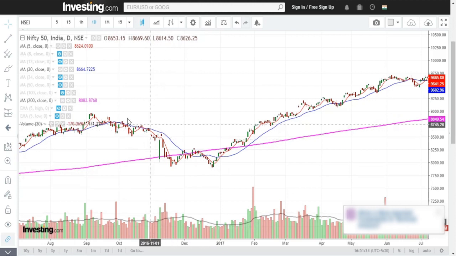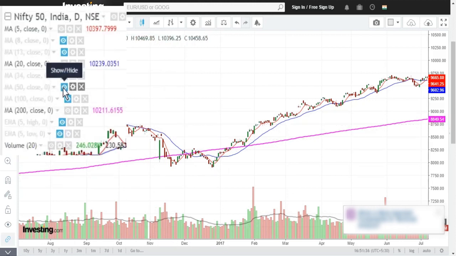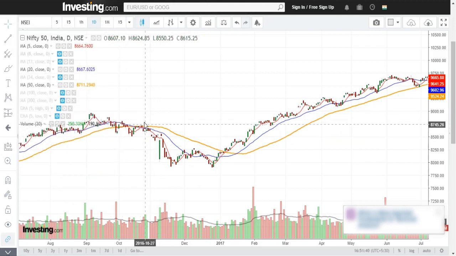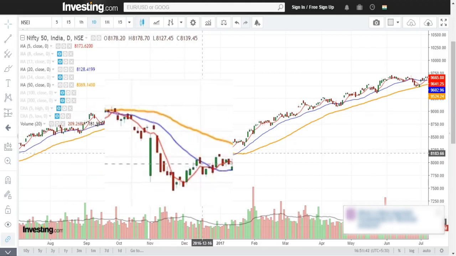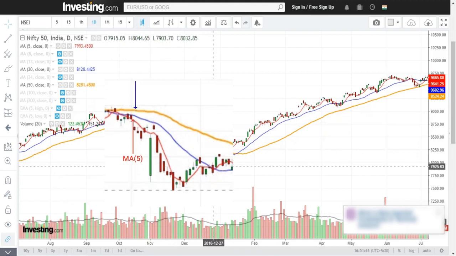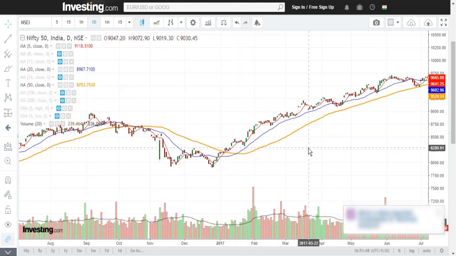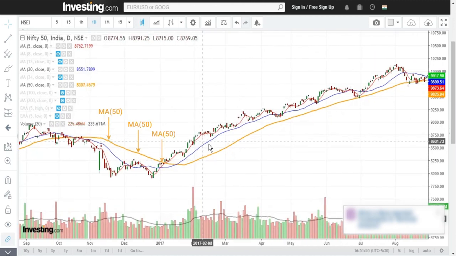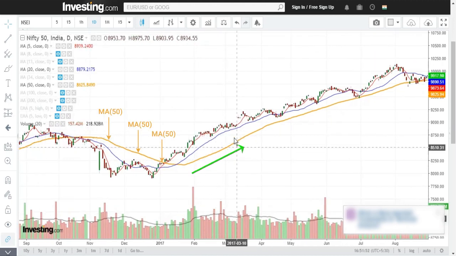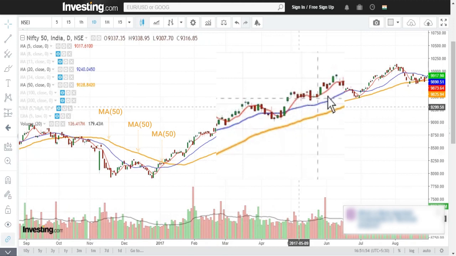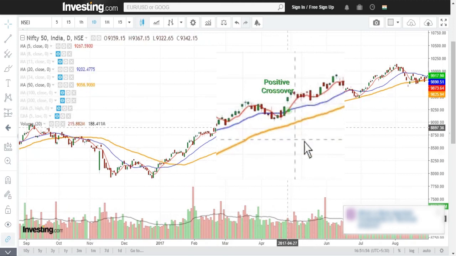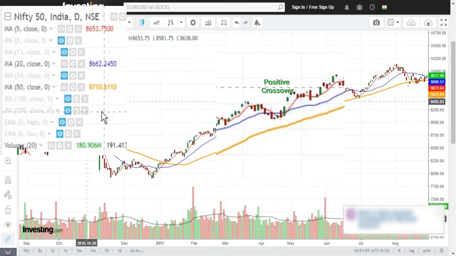As we can see, the medium term moving average was turning down, so whenever the 5 period moving average moved below the 20 period, there were good shorting opportunities. And as the 50 period moving average was slanting upward, whenever there was a positive crossover, this was giving a good trading opportunity.